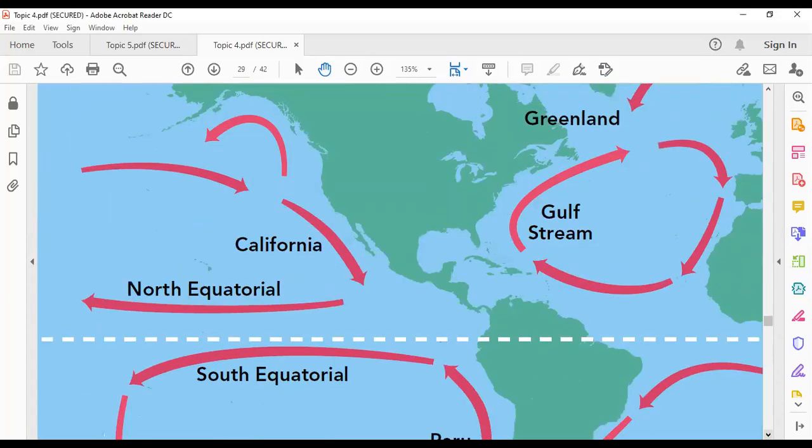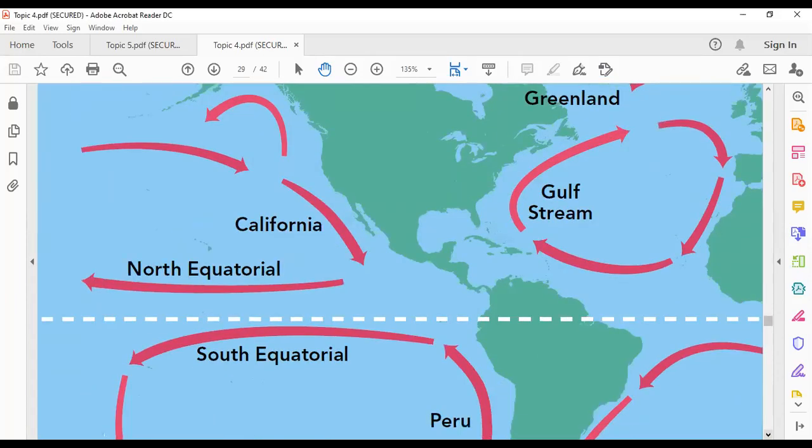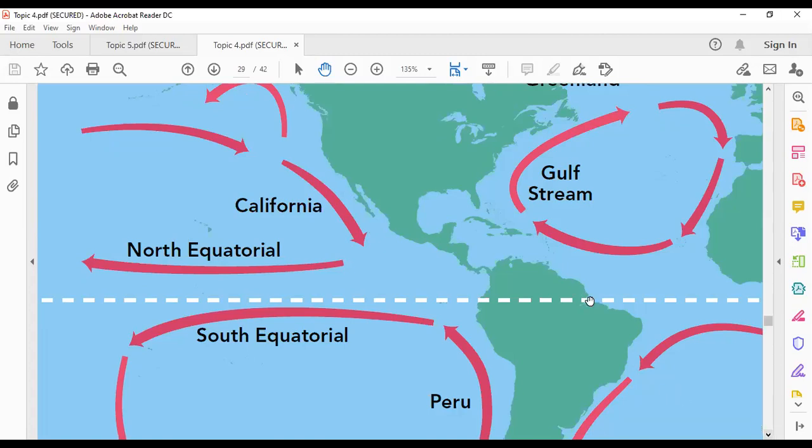Look at the movement of the currents. Do you notice something? This area is the northern hemisphere. This is the equator. This is to the north of the equator, and this is south of the equator. Notice that to the north of the equator, or the northern hemisphere, currents move clockwise.